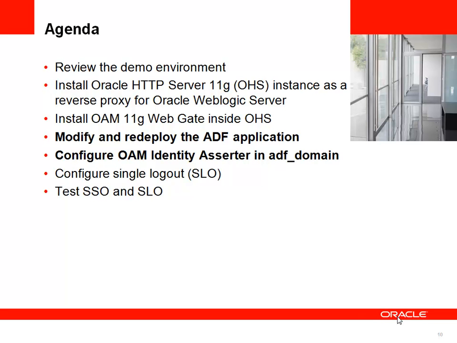And the second, we should specify so-called OAM identity asserter in the security provider list inside the ADF domain. This identity asserter will analyze the cookies and HTTP headers in the incoming request and create a WebLogic security subject based on this information. So let's proceed with the setup steps.